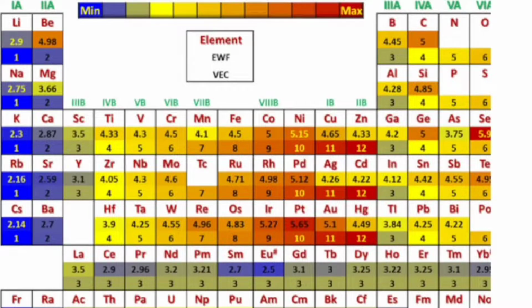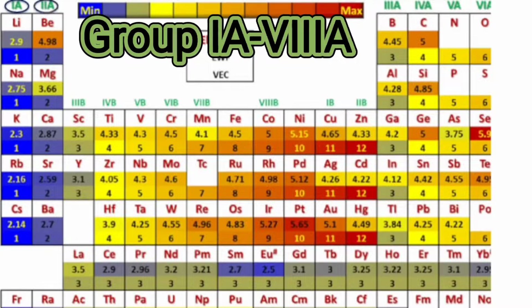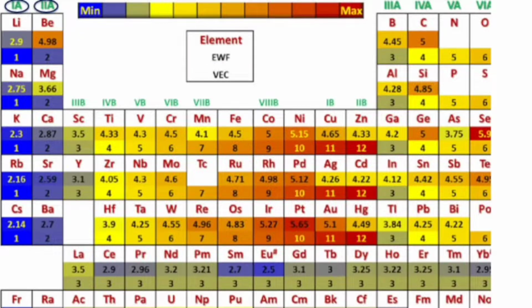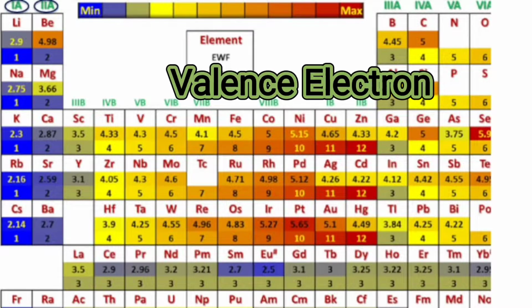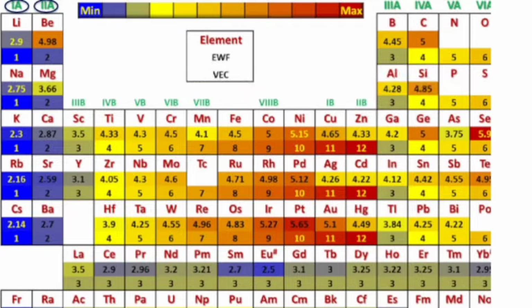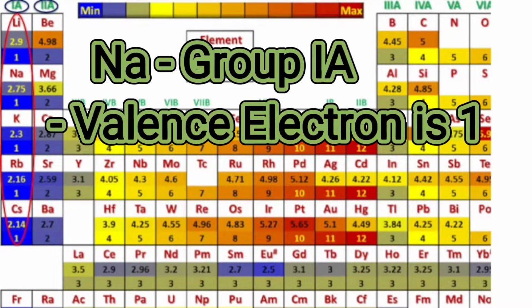Take note that the group number 1A, 2A, 3A up to 8A represents the valence electron of an element. So, if sodium is in group 1A, therefore, the valence electron of sodium is 1.